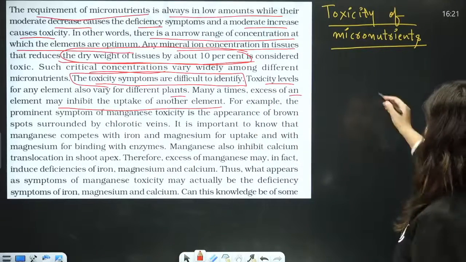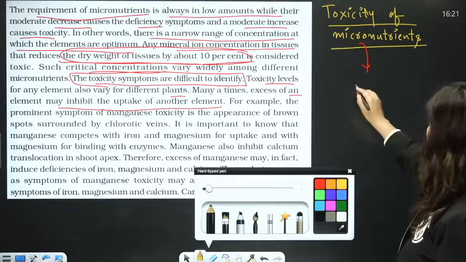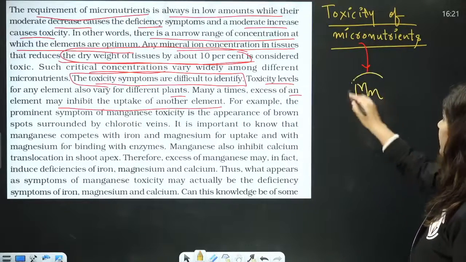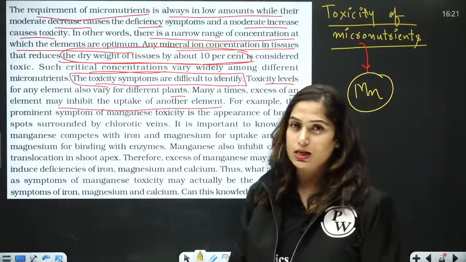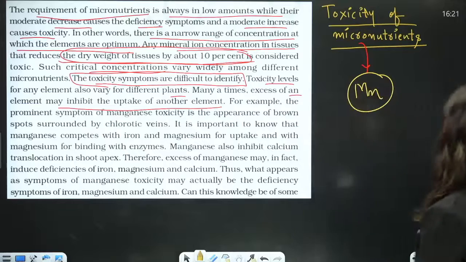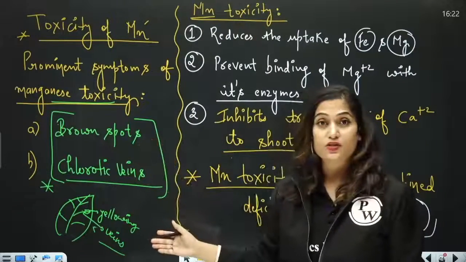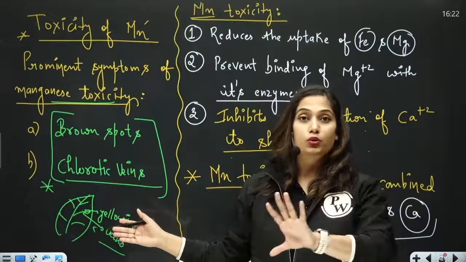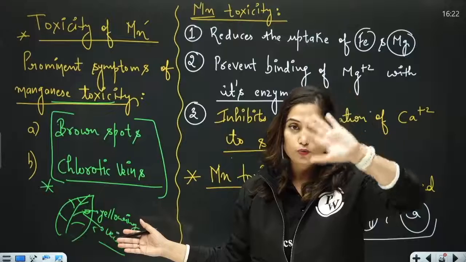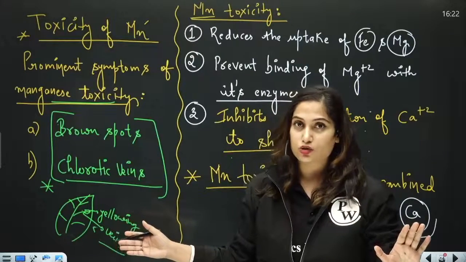Now, toxicity of micronutrients in your syllabus: toxicity of manganese. Manganese is a micronutrient. Toxicity of manganese is discussed. So let's see what are the major symptoms of manganese toxicity. These are the lines of NCERT, very important. If you want to know morphologically from the outer side, what are the morphological symptoms of manganese toxicity?